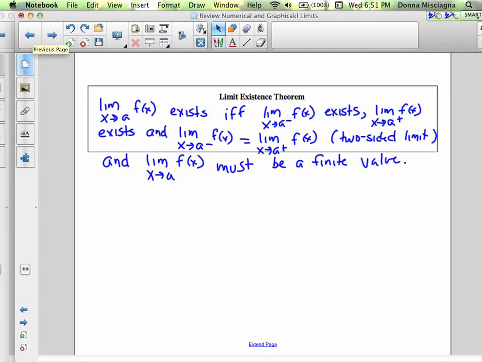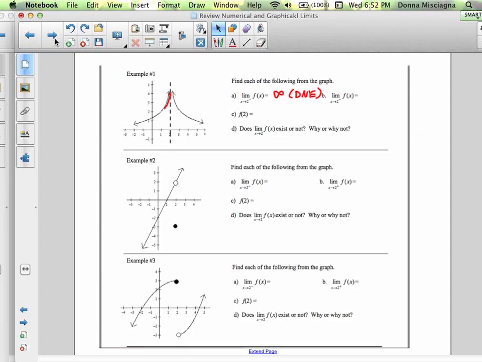So approaching infinity from the left-hand side and the right-hand side would not count, because technically that's not a limit that exists. So we should be very clear here that when we're talking about a limit existing, it doesn't mean approaching infinity from both sides. It means approaching a finite value from both sides. But technically, infinity does not exist. It is perfectly correct to write does not exist.